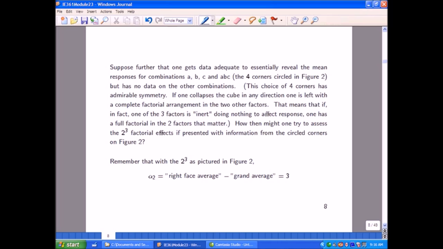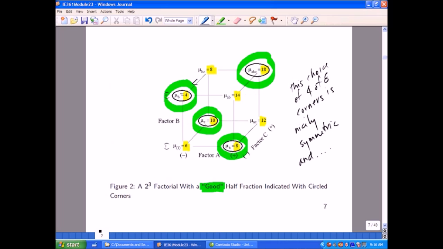Let's suppose that I get data from the 4 circled corners, and I want to think about what I could learn from them. In particular, what about trying to get a handle on the A main effect, having data from only 4 out of 8 corners?